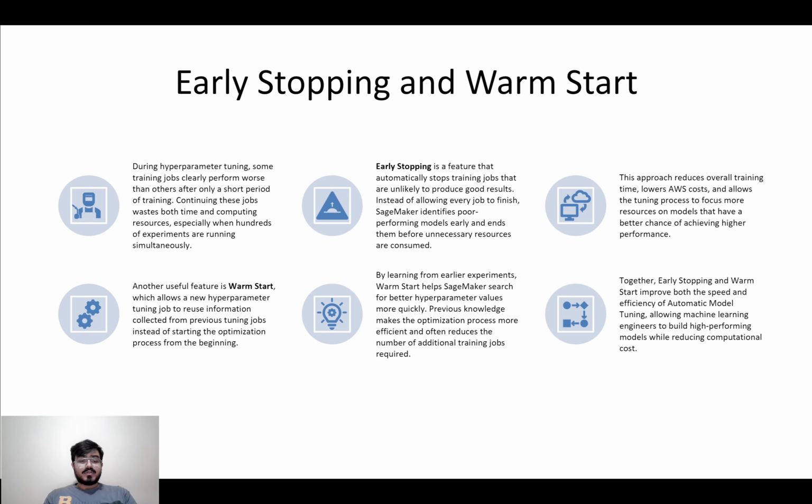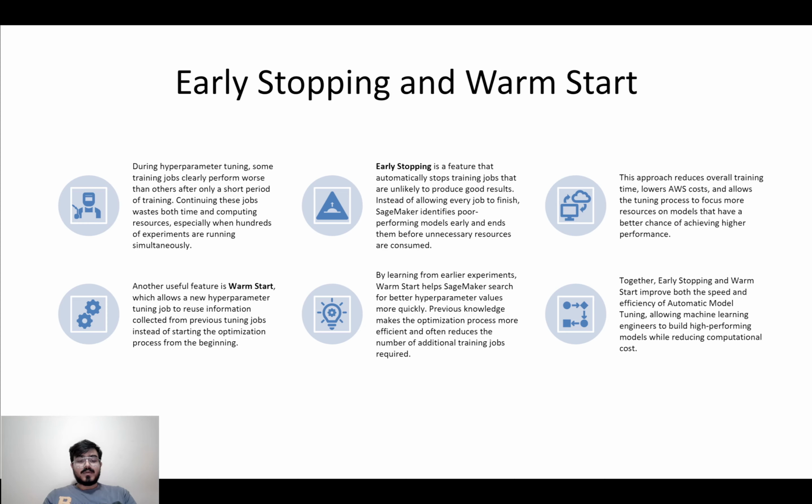The second feature is warm start. Normally, when a new tuning job begins, the optimization process starts from the beginning. With warm start, SageMaker can reuse information collected from previous tuning jobs. Instead of repeating the same search process, it learns from earlier experiments and uses that knowledge to search for better hyperparameter values more quickly.